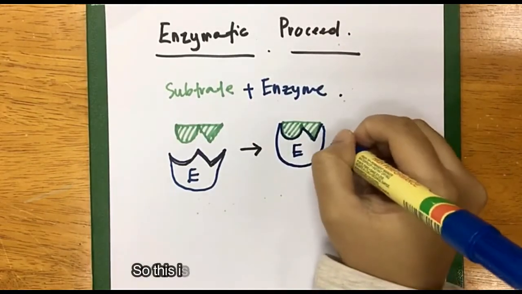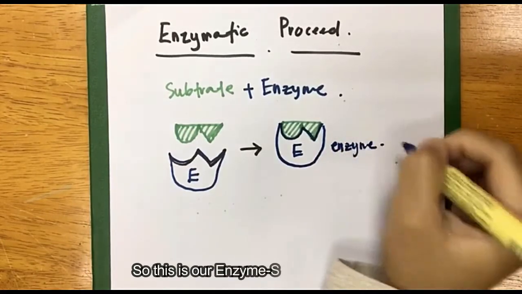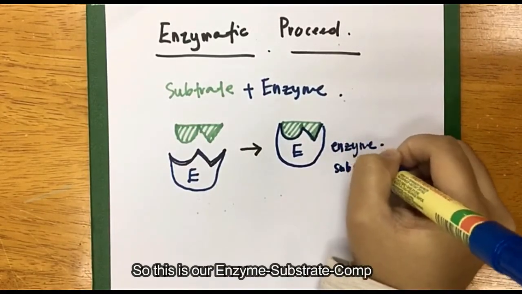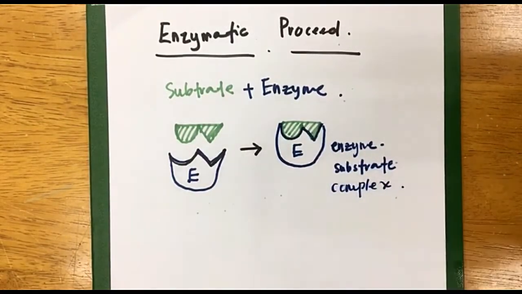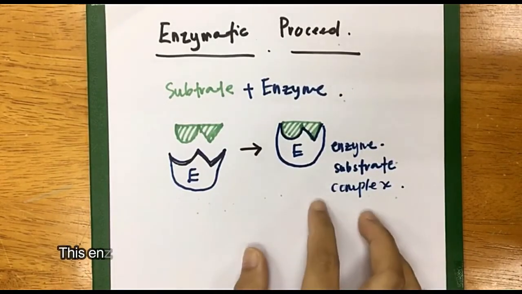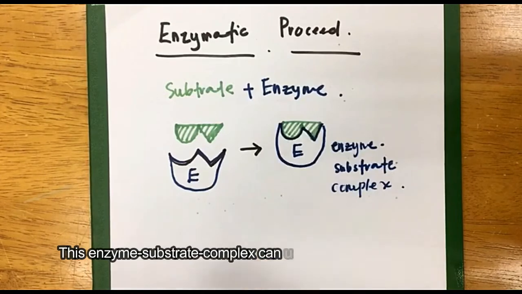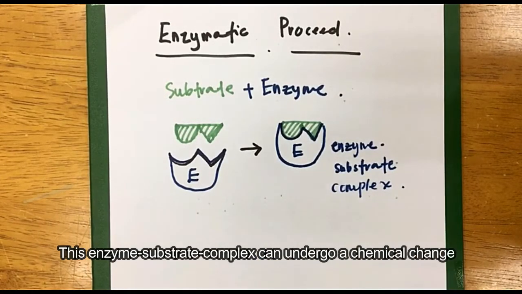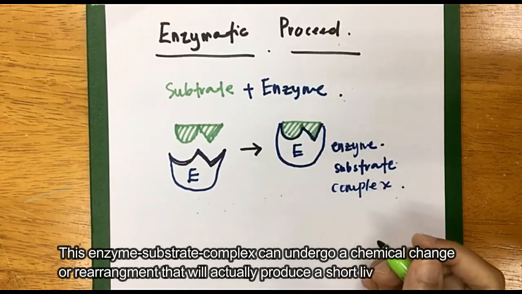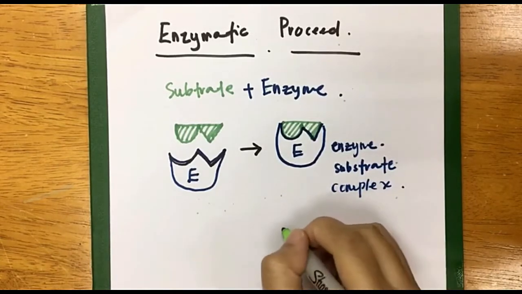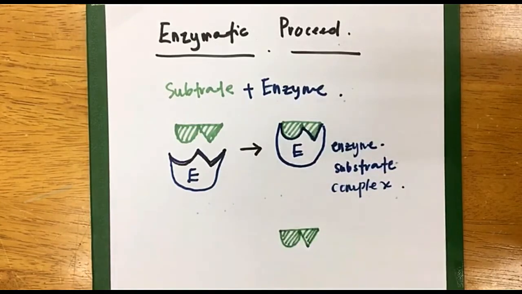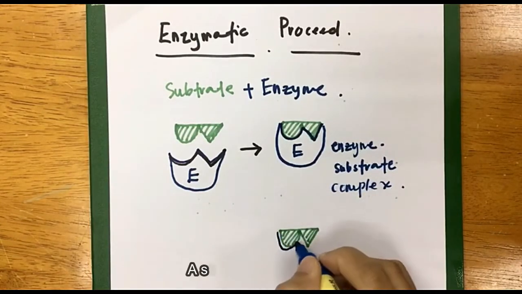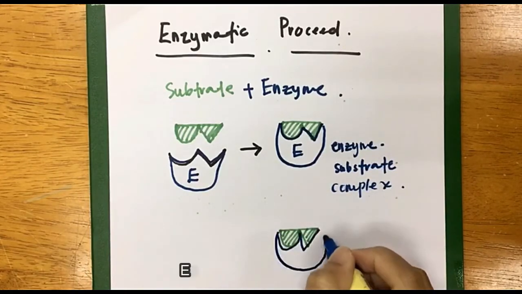So this is our enzyme substrate complex. This enzyme substrate complex can undergo a chemical change or rearrangement that will actually produce a short-lived intermediate, the enzyme product complex.